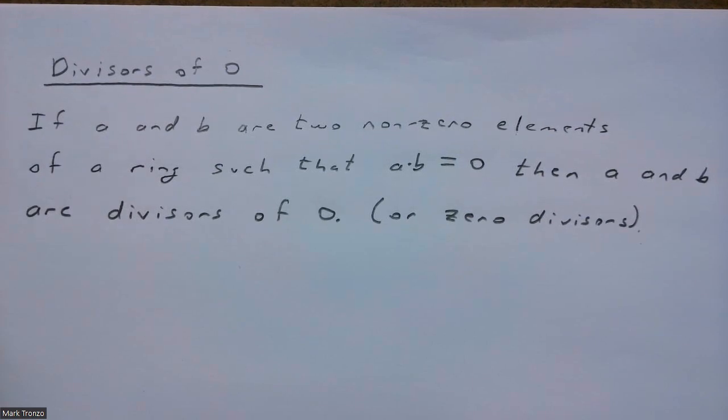So if A and B are two non-zero elements of a ring such that under that second operation called multiplication, the product is 0, then A and B are divisors of 0.